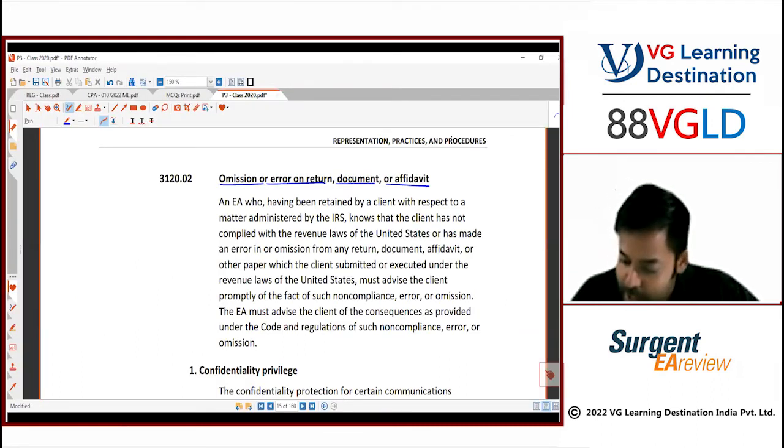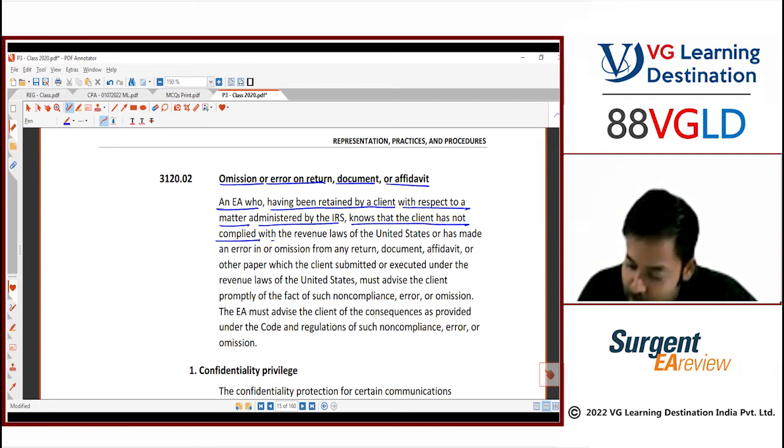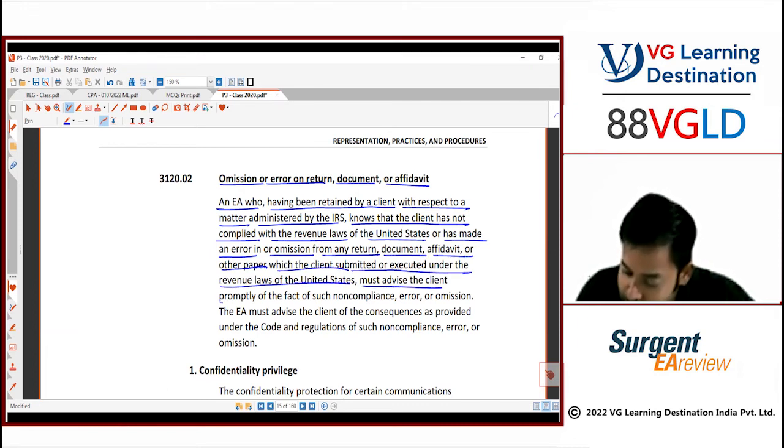An EA who has been retained by the client with respect to a matter administered by the IRS, knows that the client has not complied with the revenue laws of the United States or has made an error or omission in any return, document, affidavit, or other paper which the client submitted or executed under the revenue laws of the US, must advise the client promptly. The important point here, guys, is must advise.